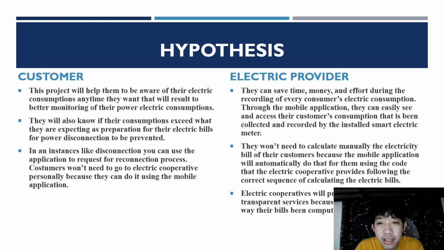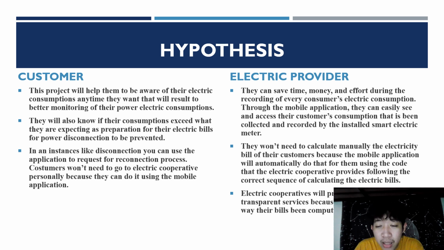On the other hand, the electric provider can save time, money, and effort during the recording of every consumer's electric consumption. Through the mobile application, they can easily see and access their customers' consumption that is being collected and recorded by the installed smart electric meter.